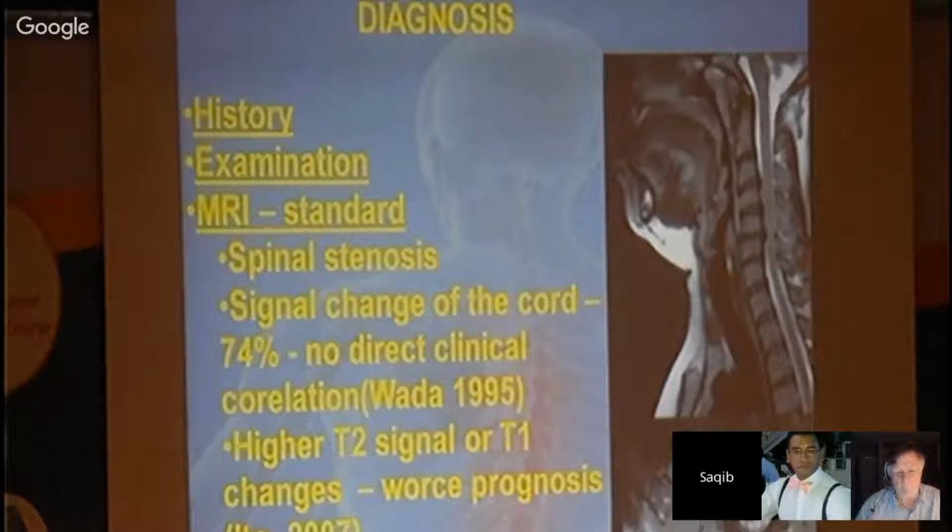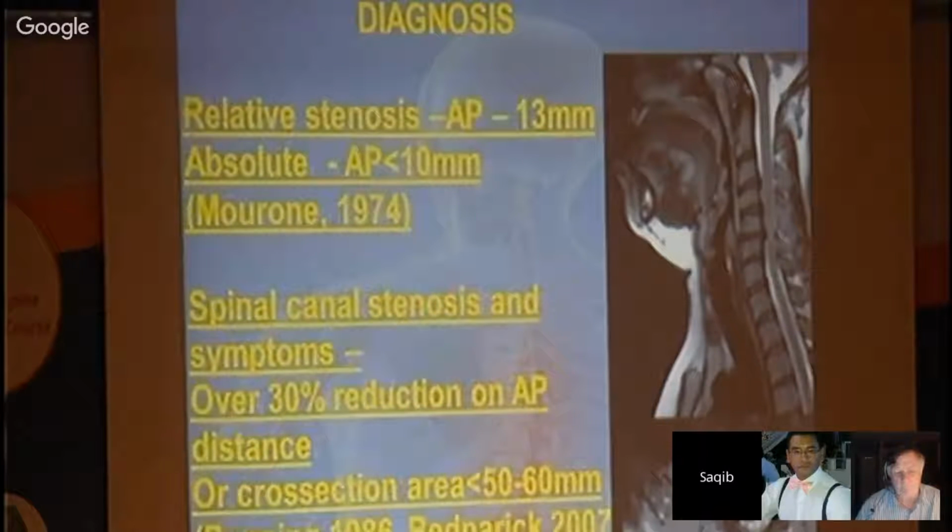So let's speak about the MRI findings. You could say that you have relative stenosis if your AP diameter is below a certain number of millimeters, but if it's below 10, you have absolute stenosis.